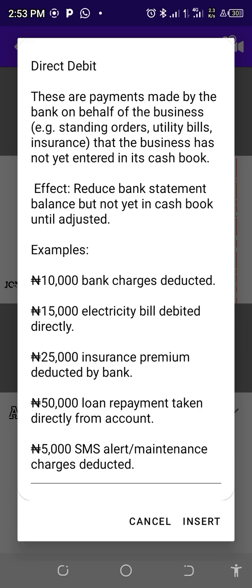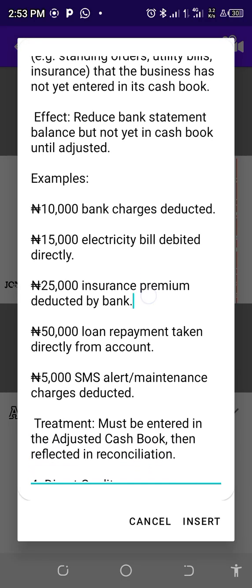Now, examples: a 10,000 bank charge deducted, a 15,000 electricity bill debited directly, a 25,000 insurance premium deducted, a 50,000 loan repayment taken directly from the account, and the fifth one, a 5,000 SMS alert maintenance charge, and so on. There are so many. There's COT, there's VAT, there are so many other charges, and so on and so forth.